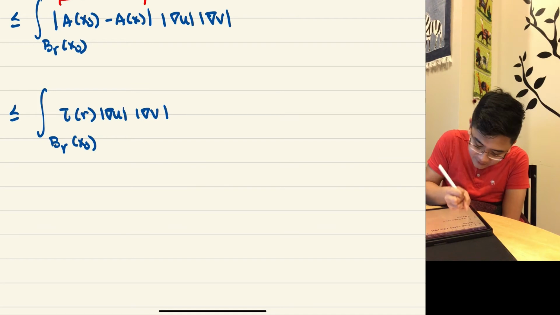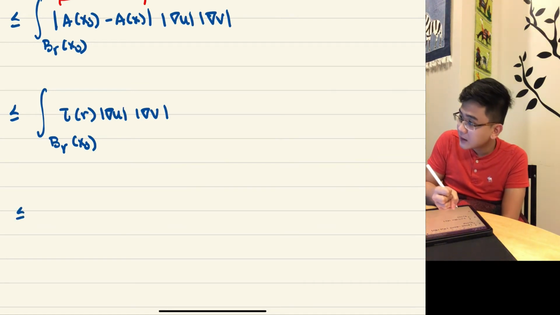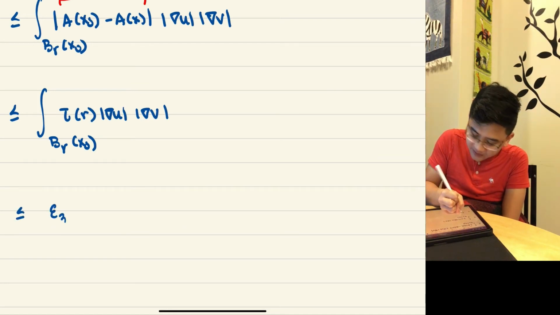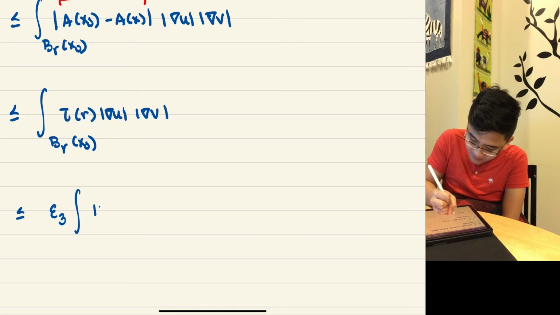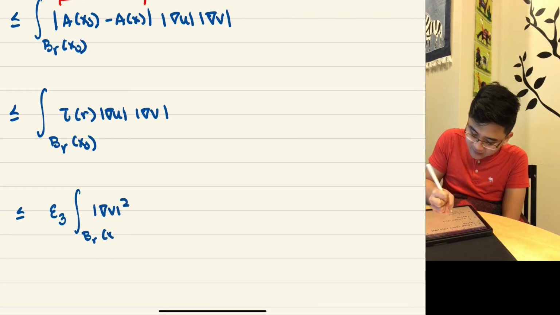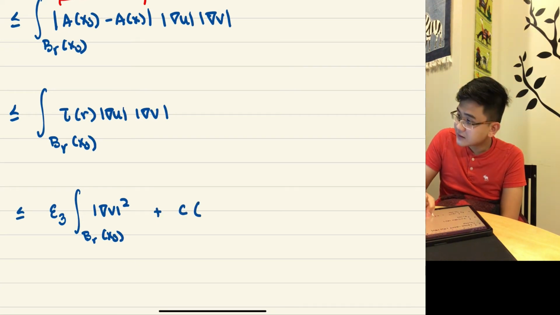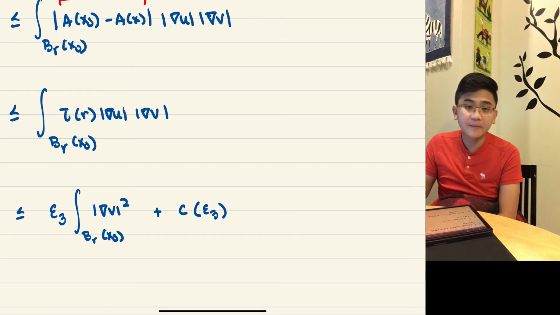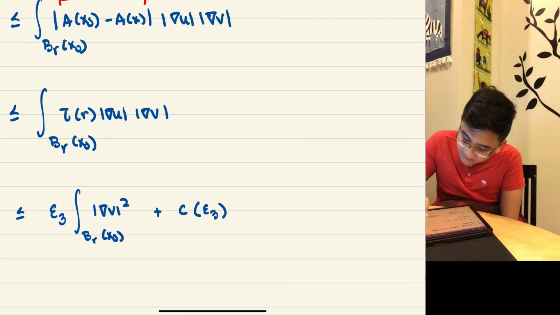This is less than or equal to, let's put some epsilon 3 there, epsilon 3 times the L2 norm of grad v squared on B_r(x0), plus some constant dependent on epsilon 3.